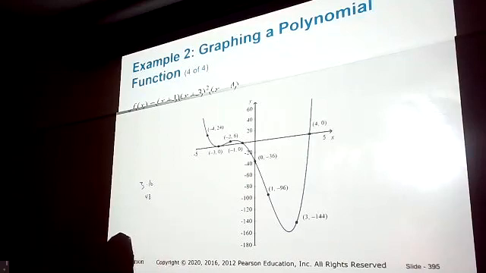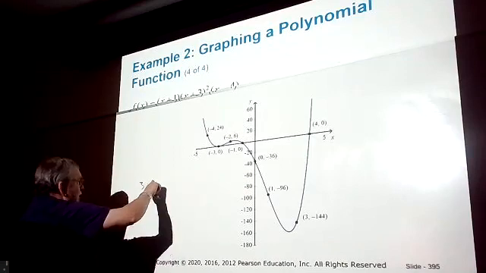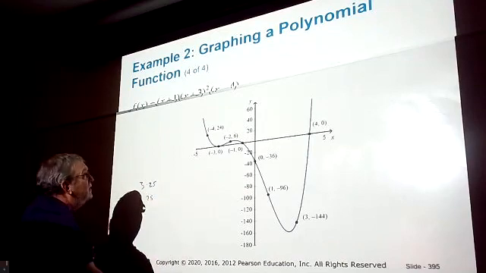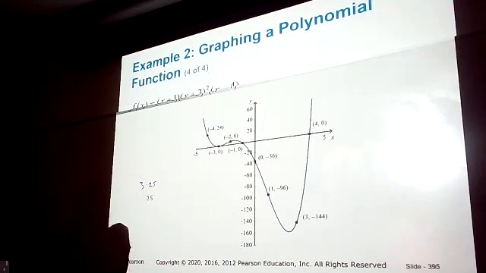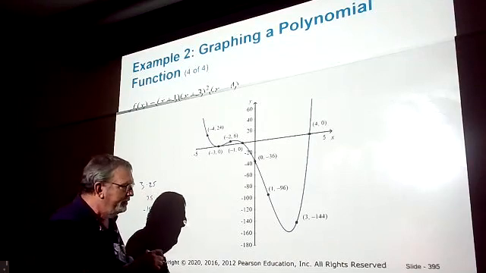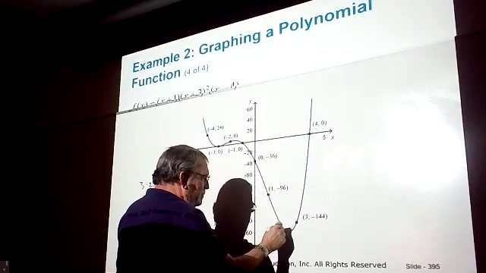Oh, what did I do wrong? 2 plus 1 is 3. Oh, that's a 5. And 5 squared is 25. So that's going to be 75 times -2, which is -150. So 2 is going to be about here.